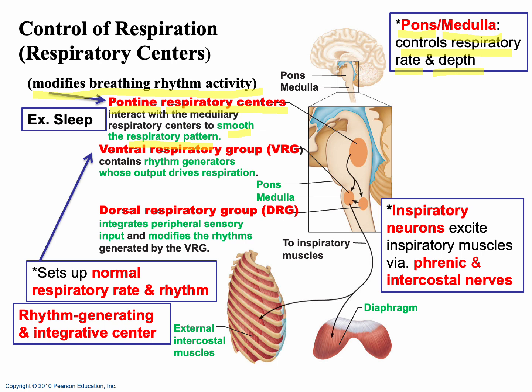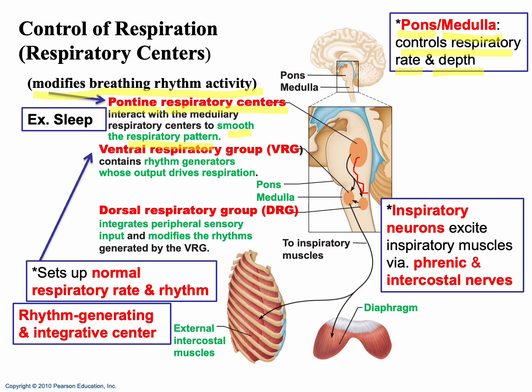Messages can be sent from the pontine respiratory center down to the medulla oblongata. There you have two major respiratory groups we're going to talk about soon. The ventral respiratory group, the VRG, ventral being in the front of the medulla oblongata, and the dorsal respiratory group, the DRG, which is found in the back of the medulla oblongata.